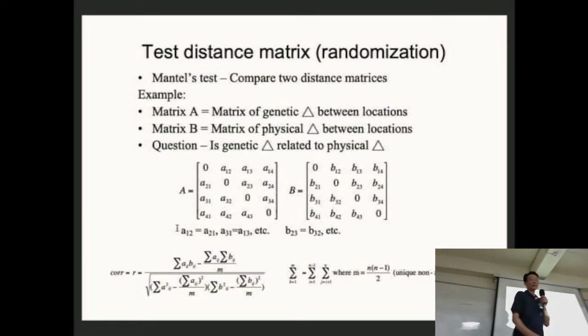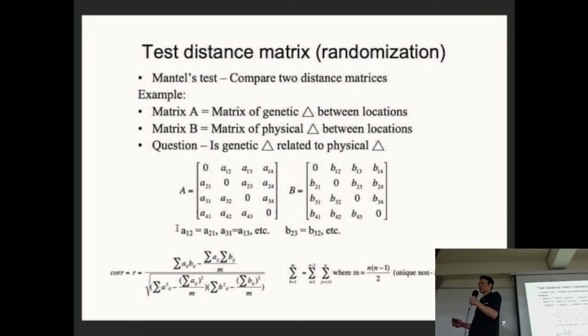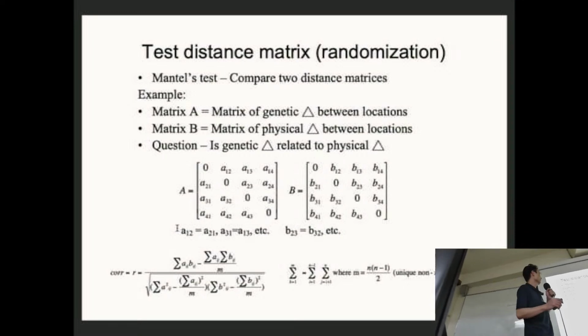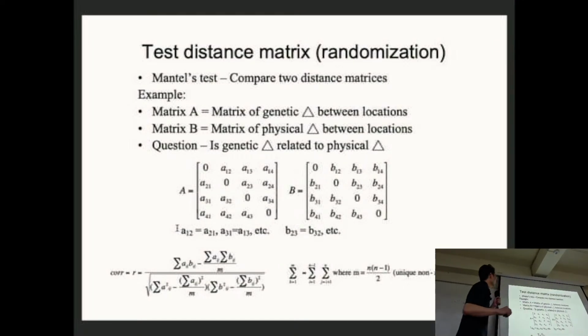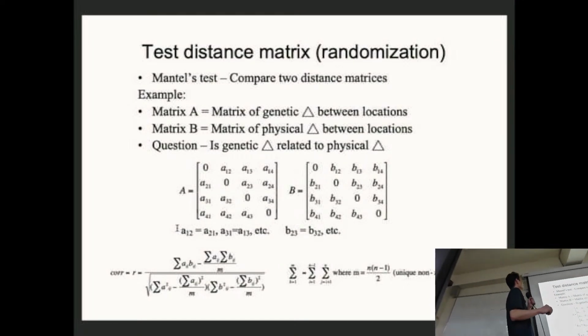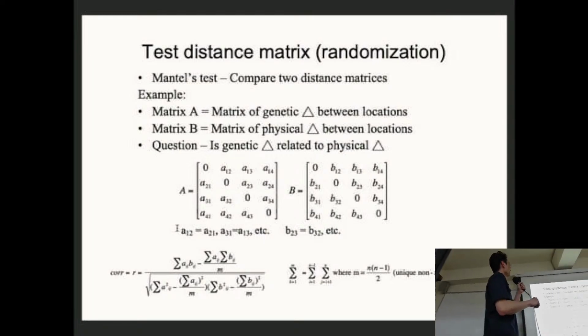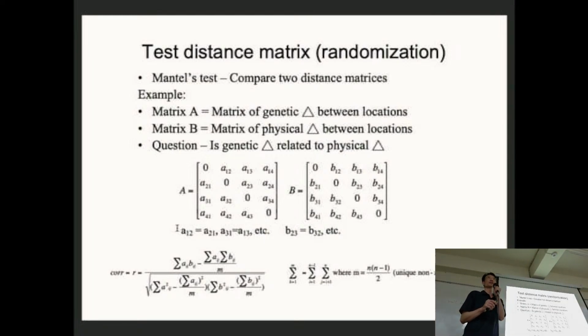Okay, and then I have again several examples to explain before we take a break. So it's also very popular, something called a Mantel test. You might have heard about it, Mantel test. So the Mantel test is used to compare two matrices.